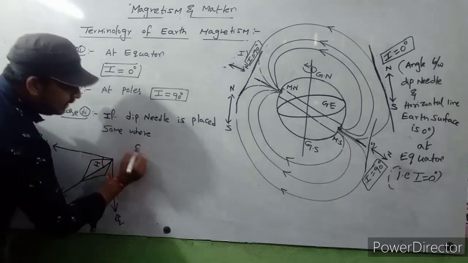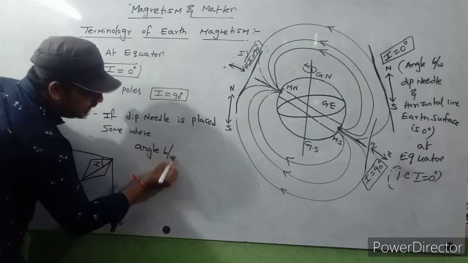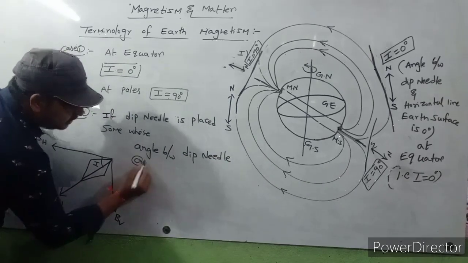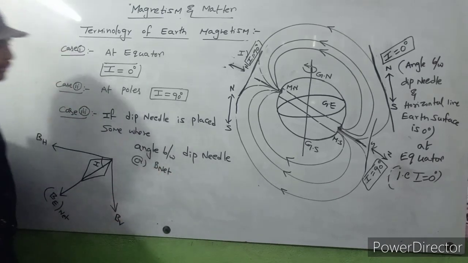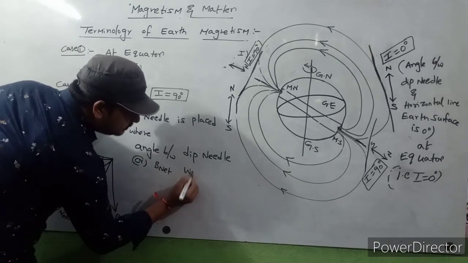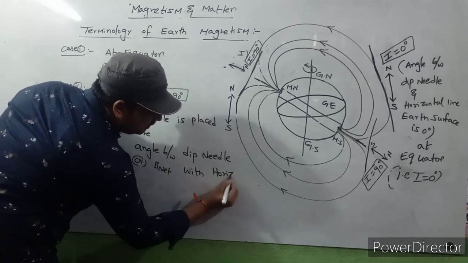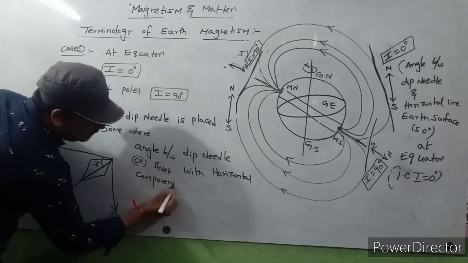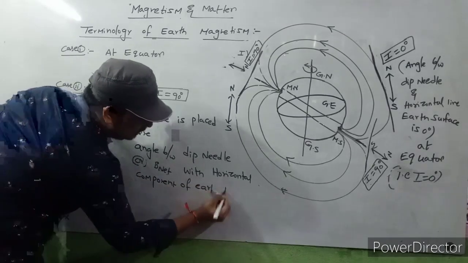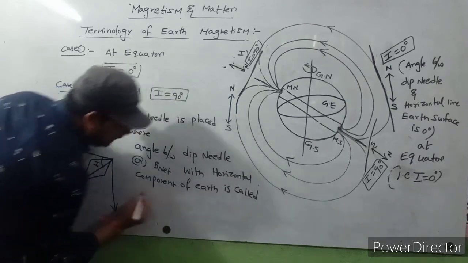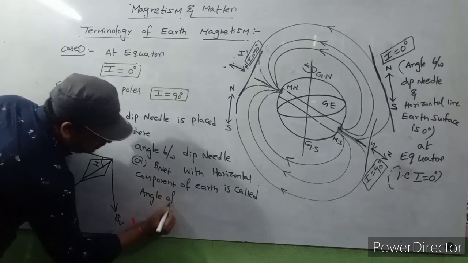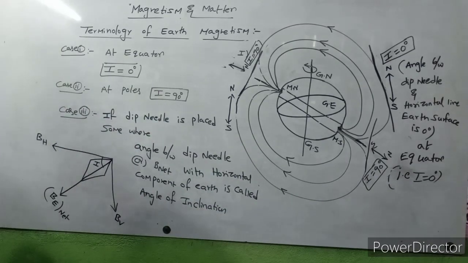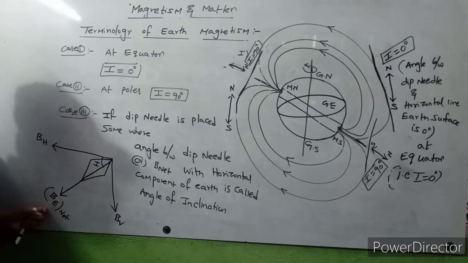So the angle between the dip needle or B net and the horizontal component of the Earth is called the angle of inclination. This is I, the angle between B_E net and BH.